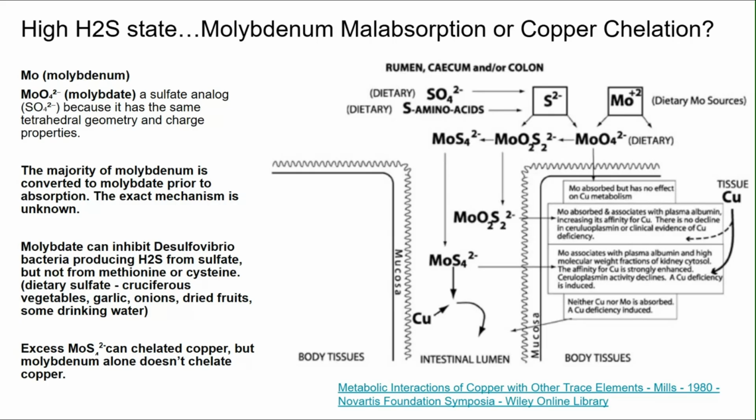So you could end up encouraging the growth of these Desulfovibrio bacteria if you have a very high sulfur content in your drinking water. So excess tetrathiomolybdate can chelate copper. That's what we need to take from this.